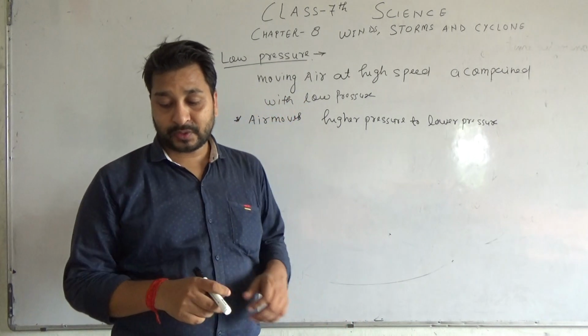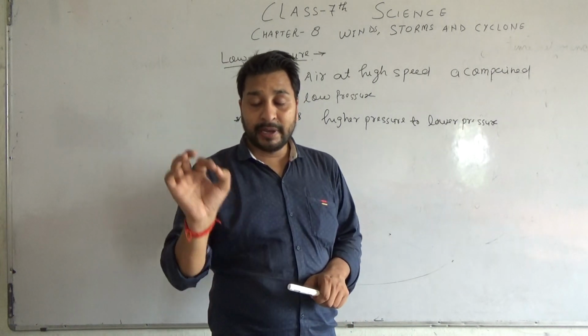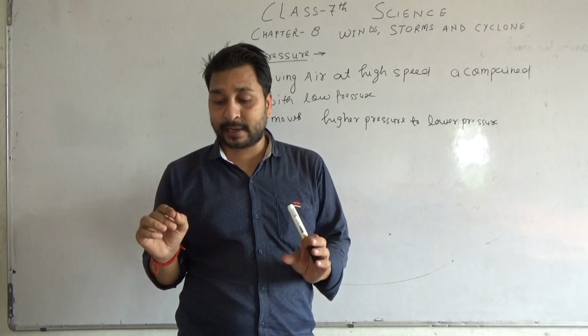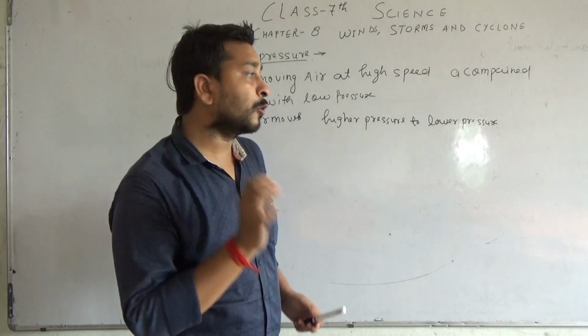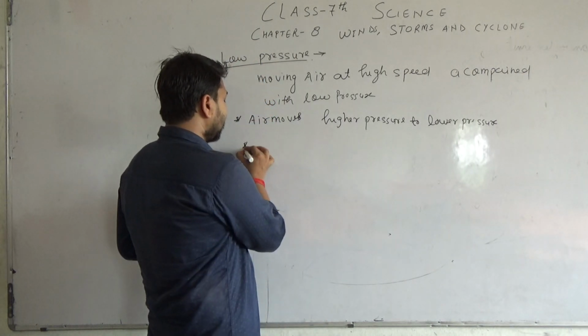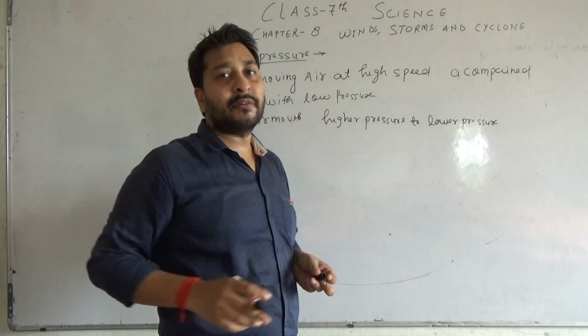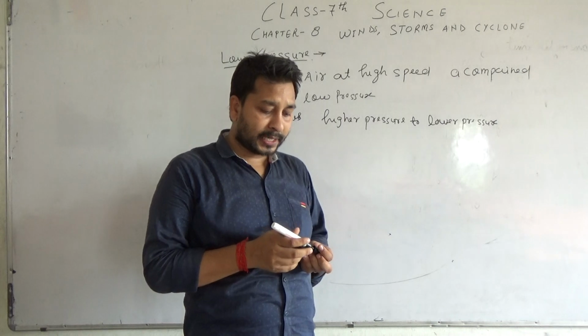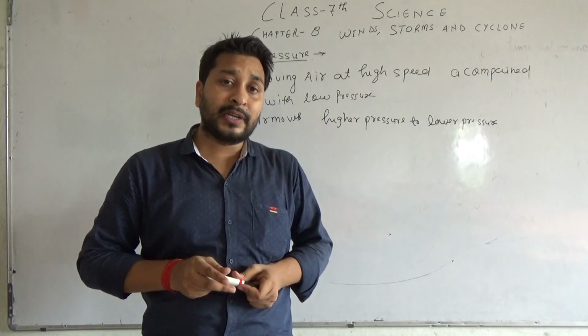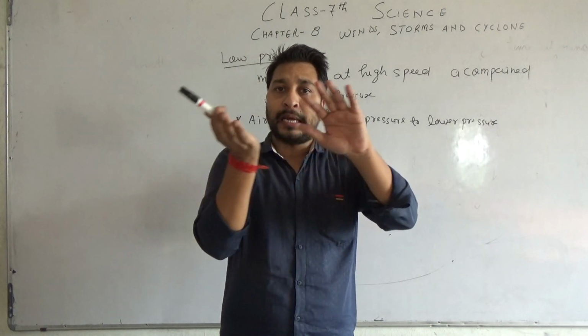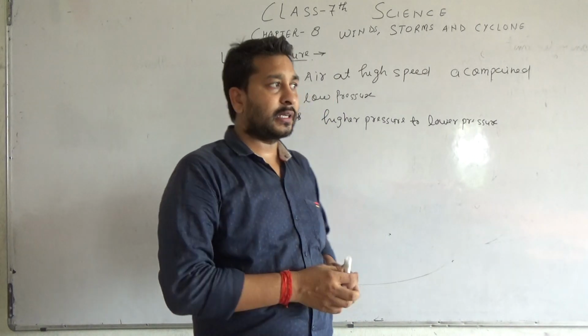One more thing: where the pressure difference is greater, the faster the air moves. If we see a higher speed of wind, we can say there is a large pressure difference between the two places where the air is moving.